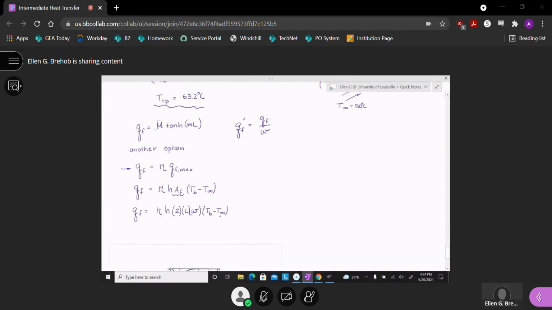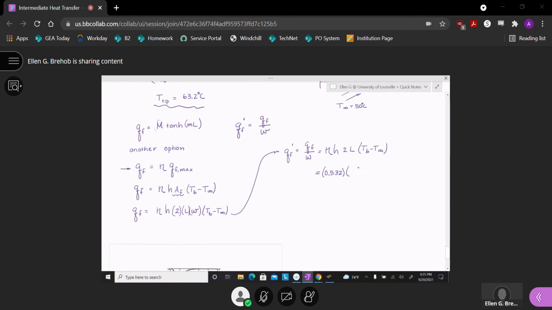Okay. Now we're ready to do our idea that QF prime is QF divided by width. If I plug in numbers, our efficiency was 0.532.